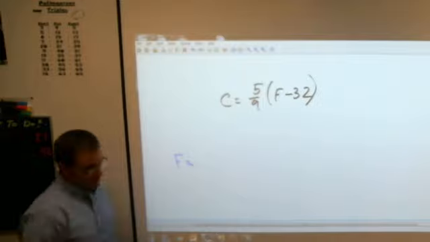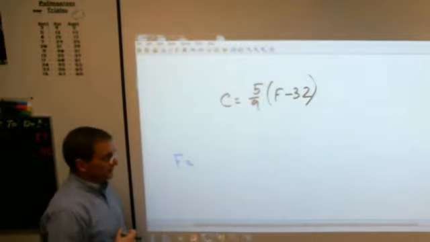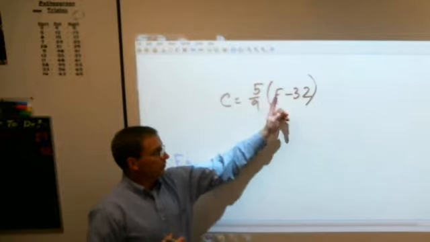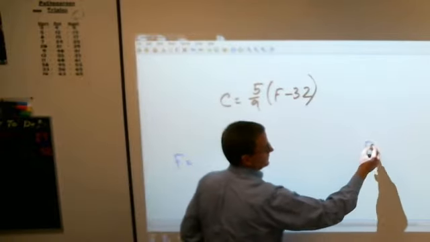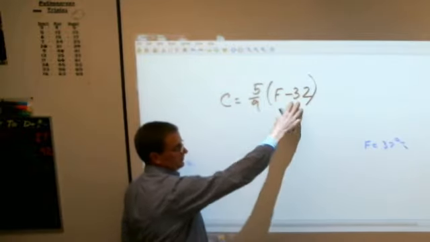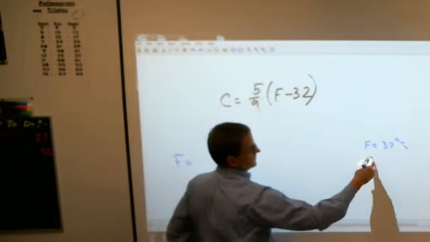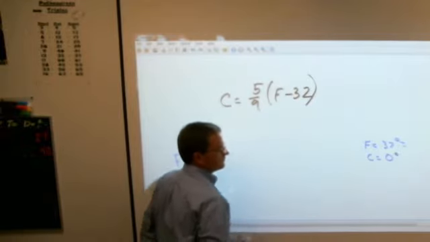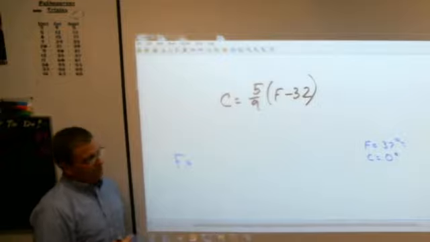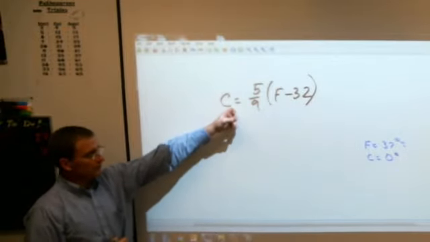This is if you know Fahrenheit. For example, if Fahrenheit is 32 degrees, you put 32 into this, 32 minus 32 is 0, 5/9 times 0, Celsius equals 0 degrees, which is true. But what if you knew what Celsius was and you wanted to find Fahrenheit? How would you change this equation and solve it for the letter F?